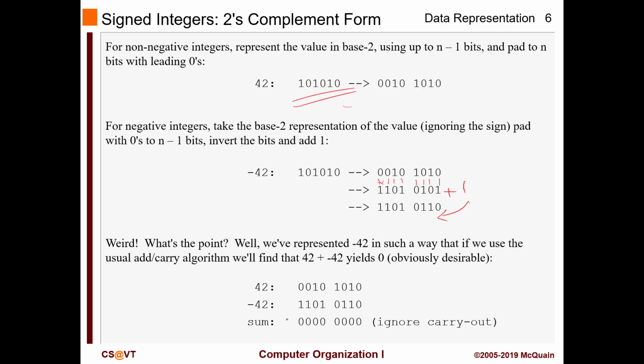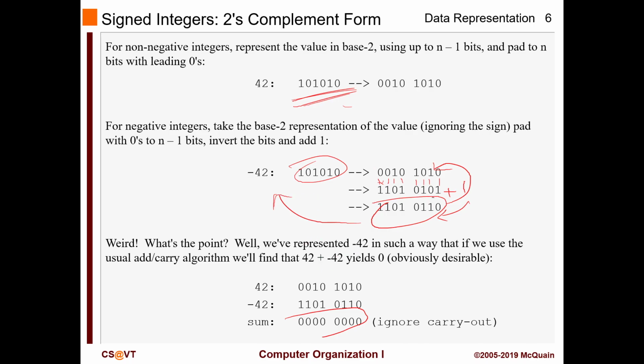So after we do that, we get this number. This number is basically the negative of the original number. In this case, it's minus 42.